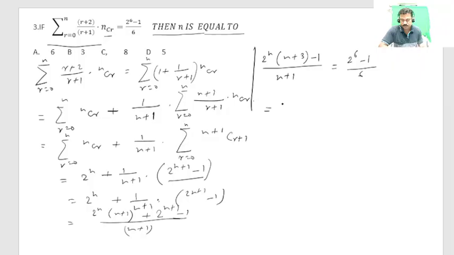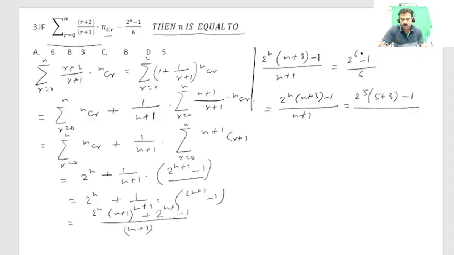Okay, that is 2 to the power n into n plus 3 minus 1 divided by n plus 1 equals to 2 to the power 5 into 5 plus 3 minus 1 here. We made a mistake here.